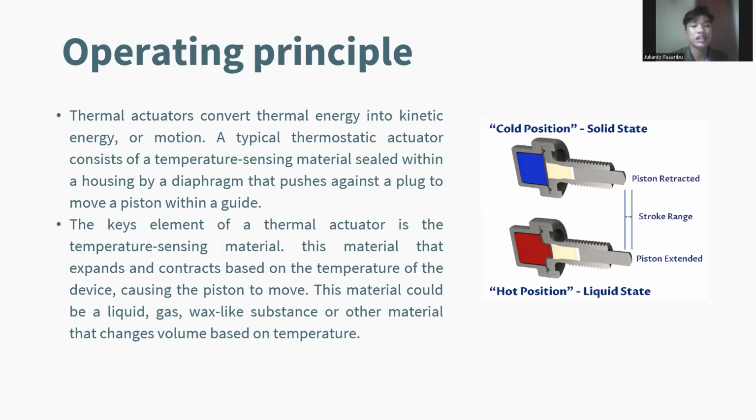This material expands and contracts based on the temperature of the device, causing the piston to move. This material could be liquid, gas, wax-like substances or other material that changes volume based on the temperature. We can see the operating principle with the blue and red picture.